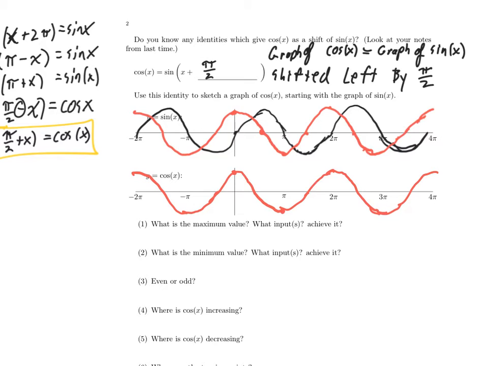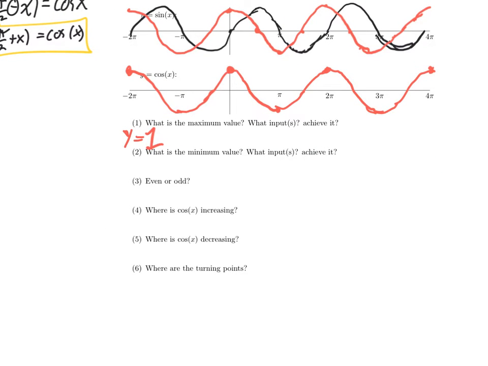Cool. So let's ask the same questions. What's the maximum value? Well, this graph is a shift of the graph of sine, so the maximum value should be the exact same as the maximum value for sine, which was 1. And the locations of the maximum values, well, we can read them off. Looks like there's a maximum value at 0, at 2 pi, at 4 pi, at negative 2 pi. It looks like every even multiple of pi.